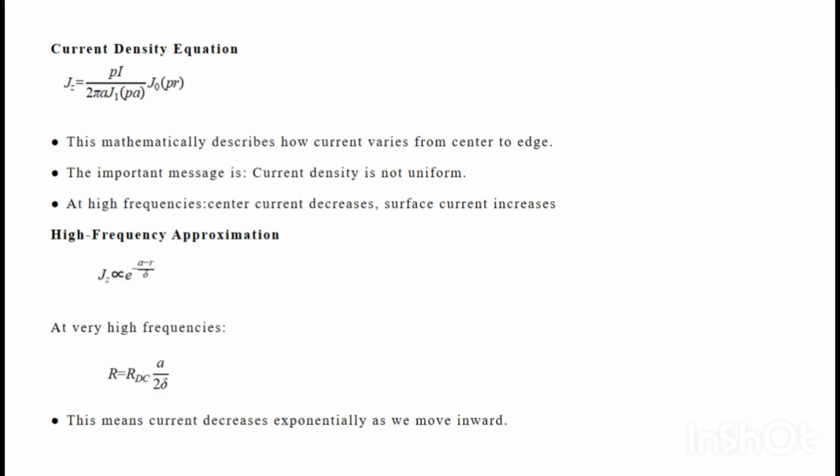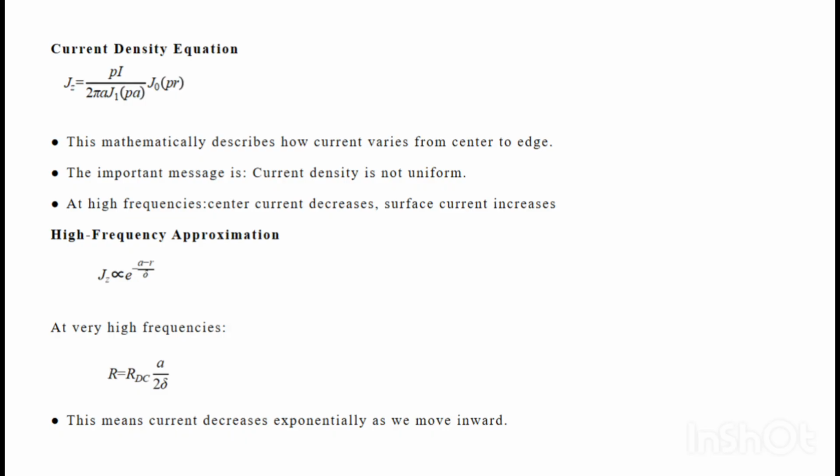A is the radius of the wire, since we are concentrating more on the outer boundary of the conductor. And we can also see the terms J1 of pa and J0 of pr.